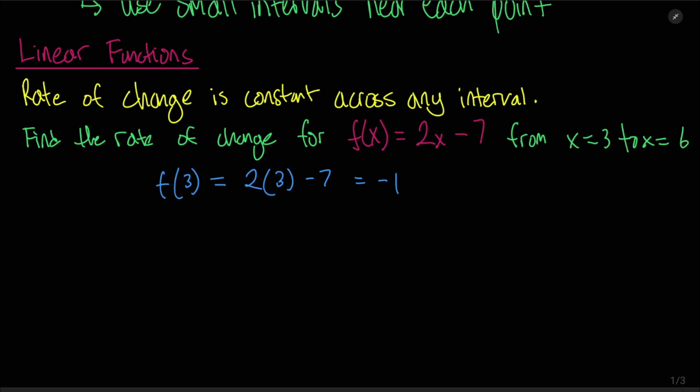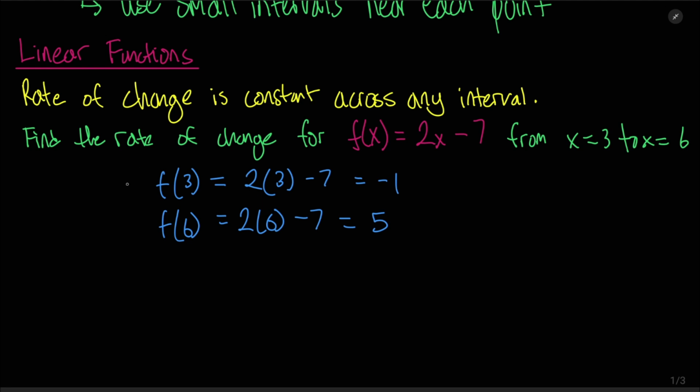Okay. And now we're going to have f of 6, which is 2 times 6, or sorry, let me write that down. 2 times 6, which is 12, minus 7. What's 12 minus 7? That is 5. Okay.